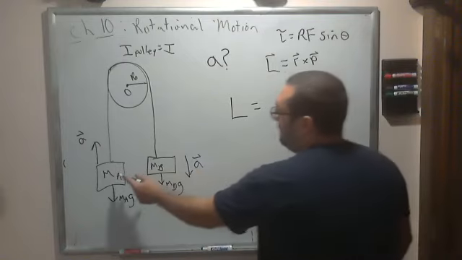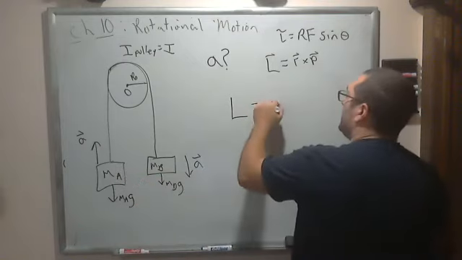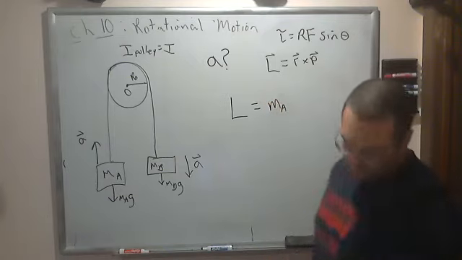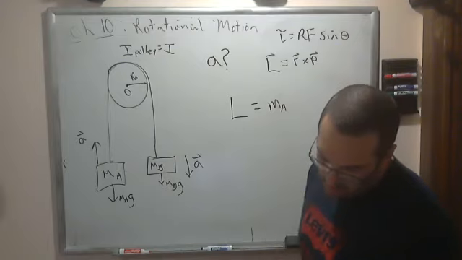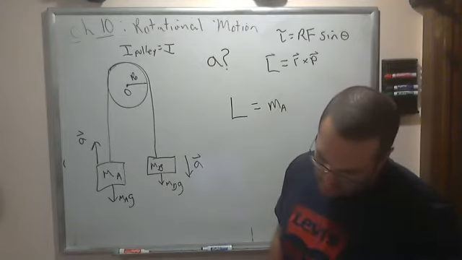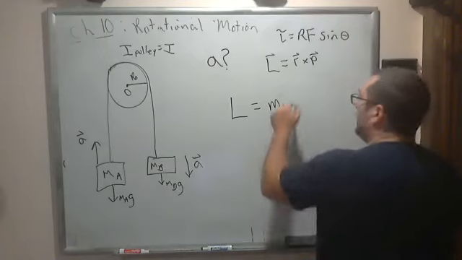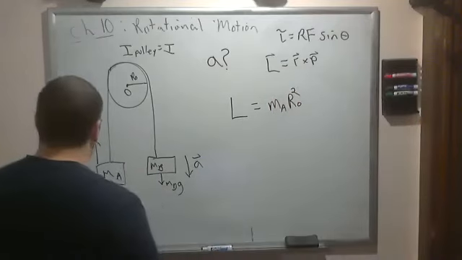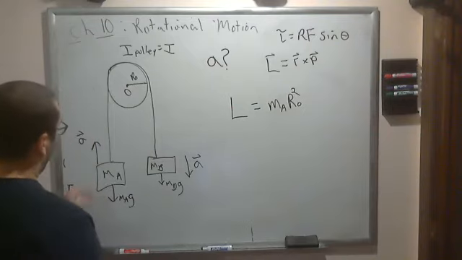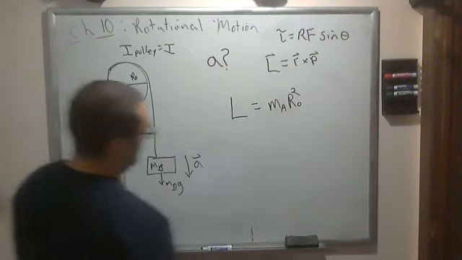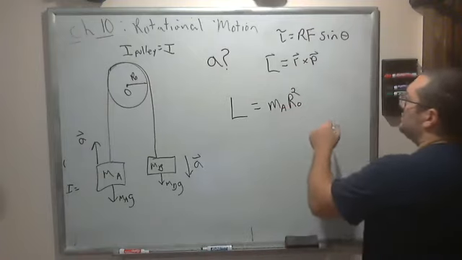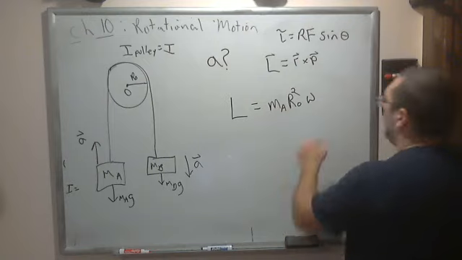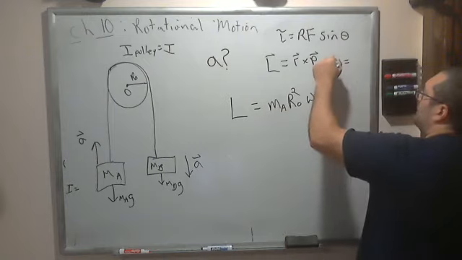The angular momentum of mass A would be m_A r squared times its angular velocity. Remember that we have to calculate the moment of inertia relative to the origin for the mass.